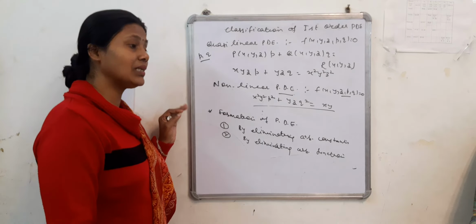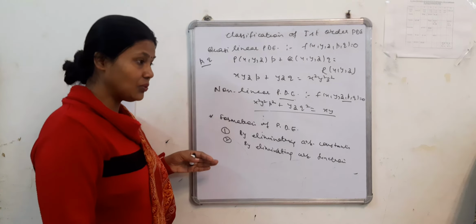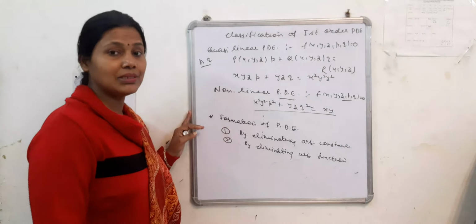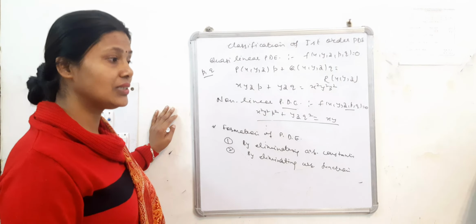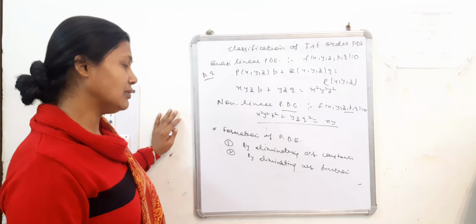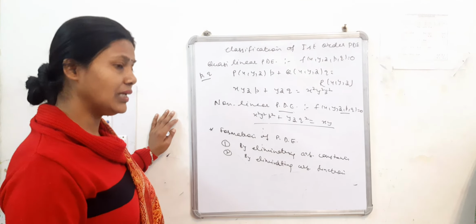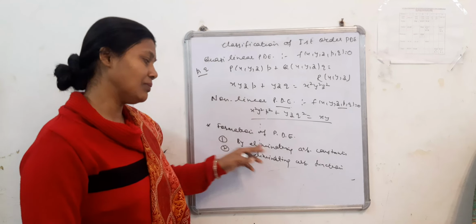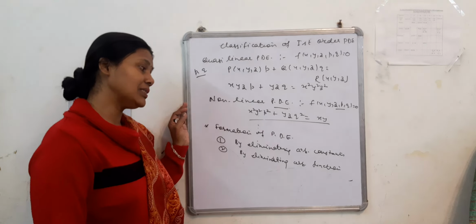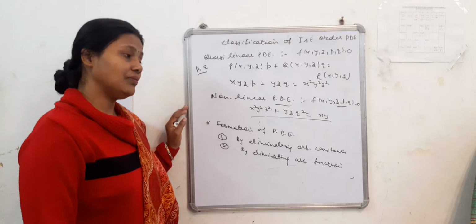And the arbitrary functions means like phi, f, g, these are just the notation. By eliminating g, f or phi in the given equation we can form the partial differential equation, and similarly, by eliminating a, b, c, d we can form the partial differential equation.